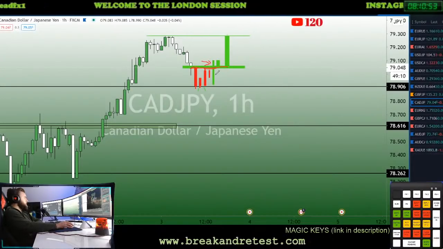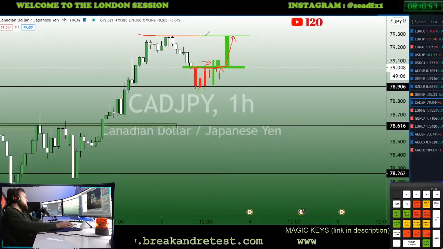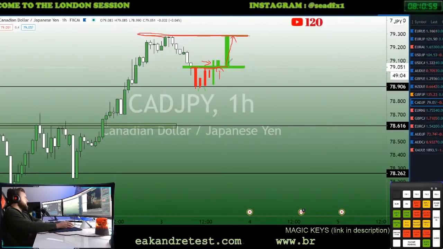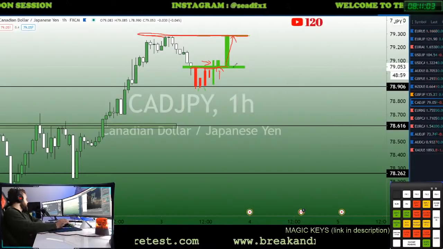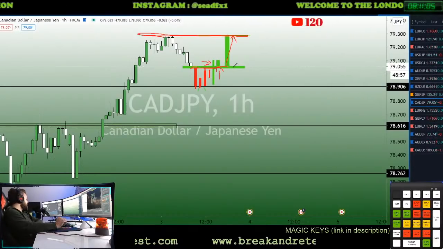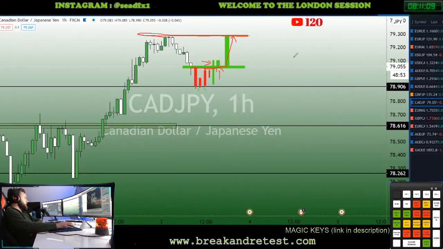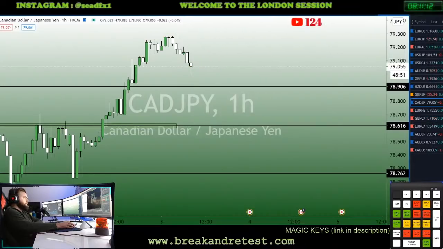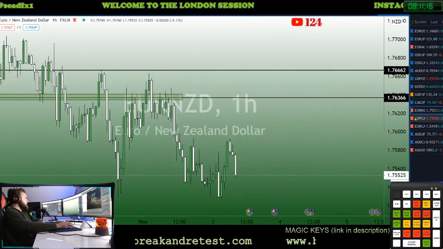Then once we have a breakout, we can enter on the retest, and we can go for filling this range to the upside. So that would be the perfect setup here. Other than that, I think I wouldn't take the retest while it comes. We'll see. For now, we'll see.